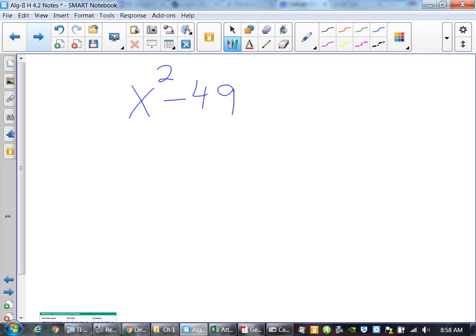Number 1, is that a perfect square? Yes. Is that a perfect square? Yes. And last but not least, is that a subtraction symbol? Yes. If you've answered yes to all 3 of those questions, then your solution is x minus 7, x plus 7. Okay. What if it was this?